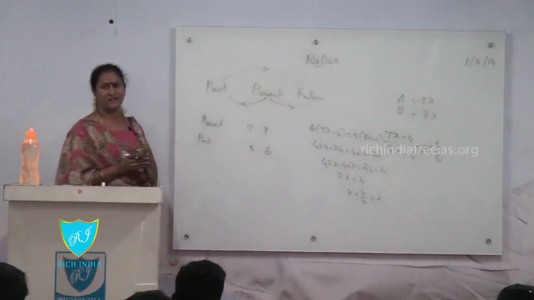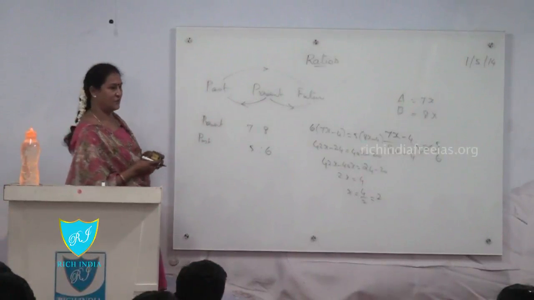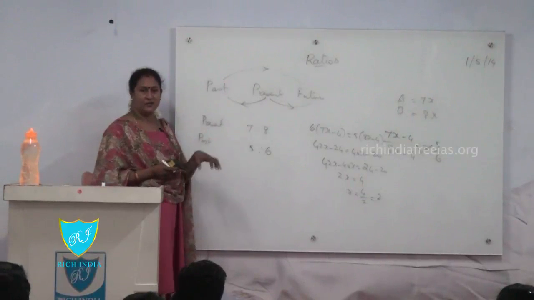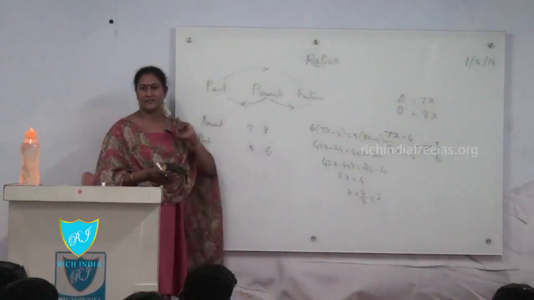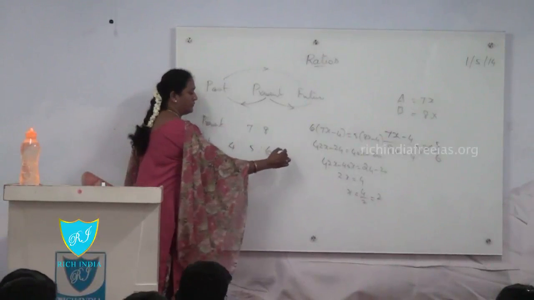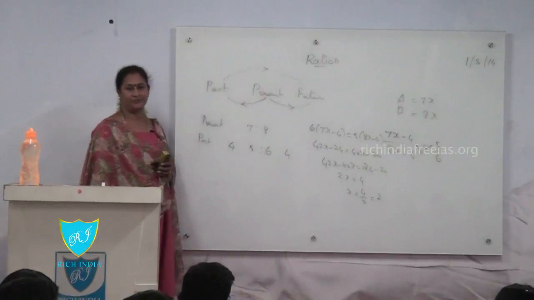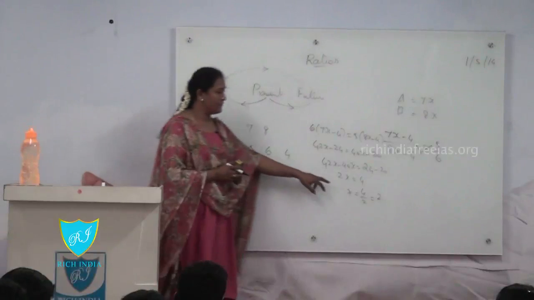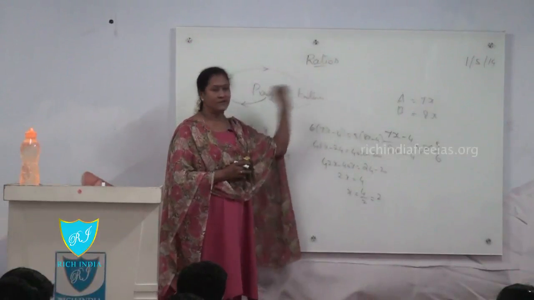So how many years back? 4 years back. So from this person, when you subtract 4, you get this ratio. When it is 6 years back, we subtract 6. So to both the persons, we subtract 4, so that you write on either side. Okay. So after writing this, this x is the value of one part, which we have simplified.